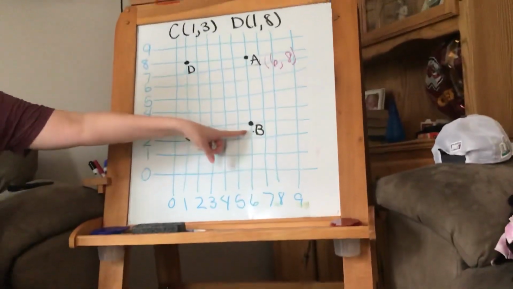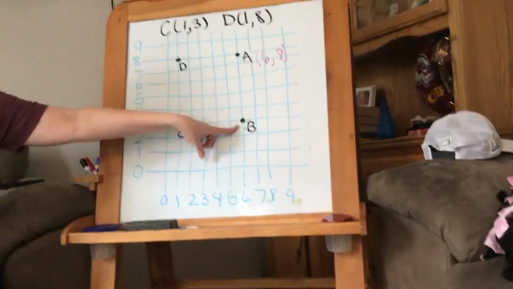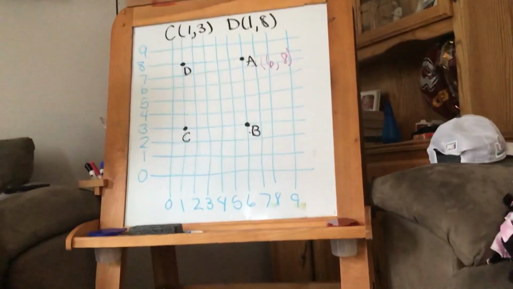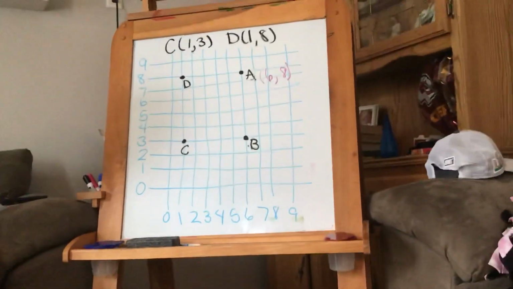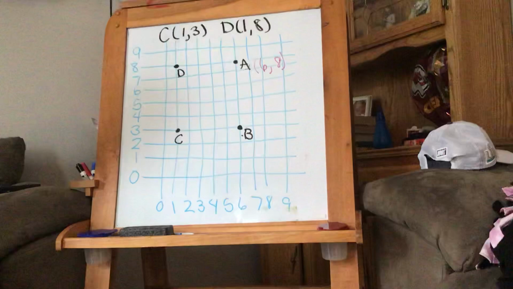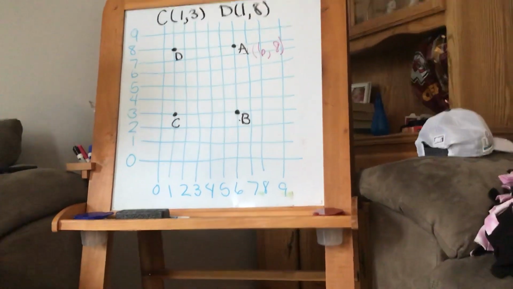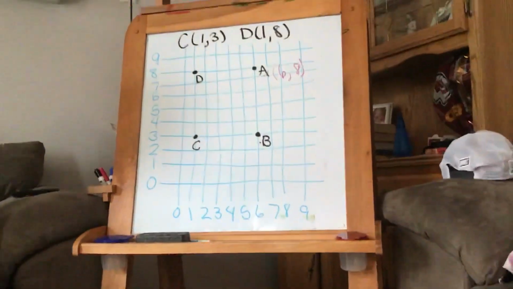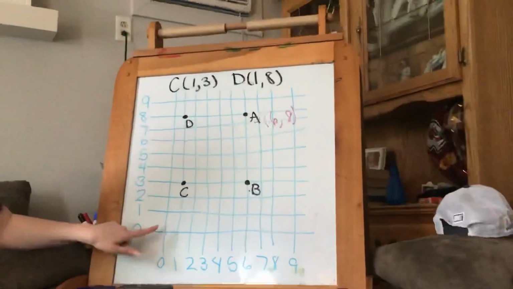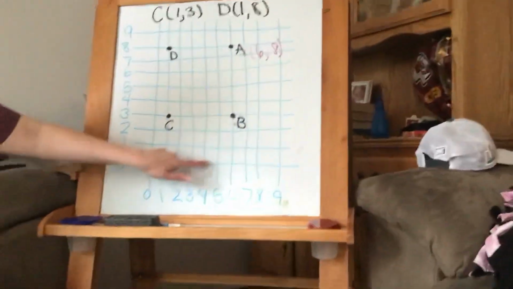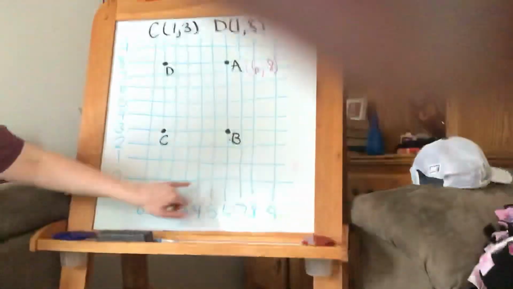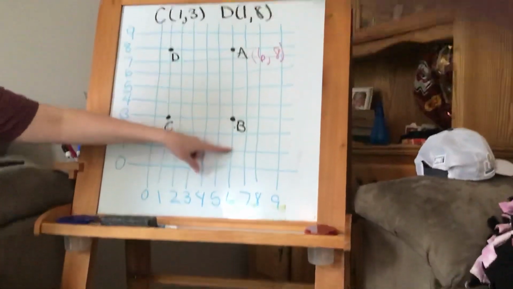Okay, what were the coordinates for point B? Taylor, what would be the coordinates for point B? 6, 3. 1, 2, 3, 4, 5, 6. 1, 2, 3.